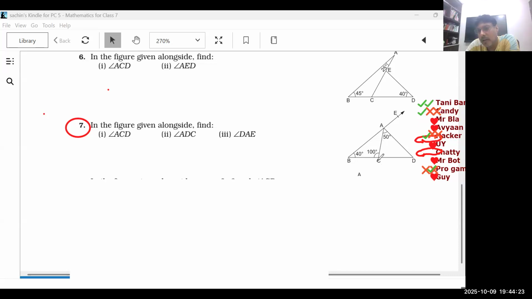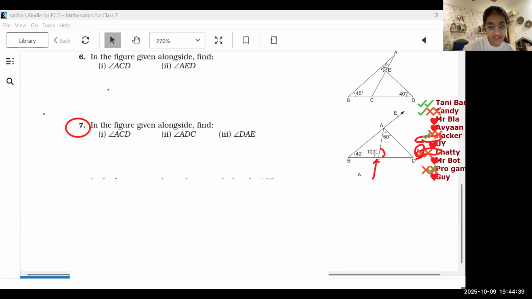So pro gamers, if this angle is 100, how much is this angle then? Candy, how much will ACD be then? 80.